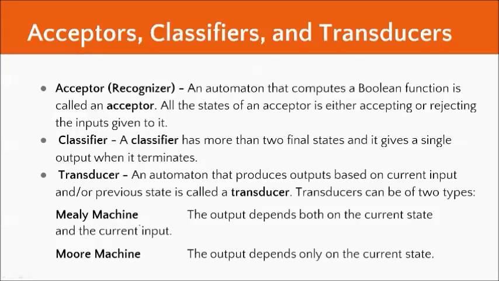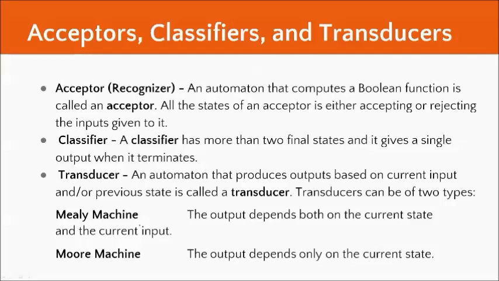So next is acceptors, classifiers, and transducers. An acceptor, sometimes called a recognizer, is an automaton that computes a Boolean function. All the states of an acceptor are either accepting or rejecting the inputs. A classifier has more than two final states and gives a single output when it terminates.